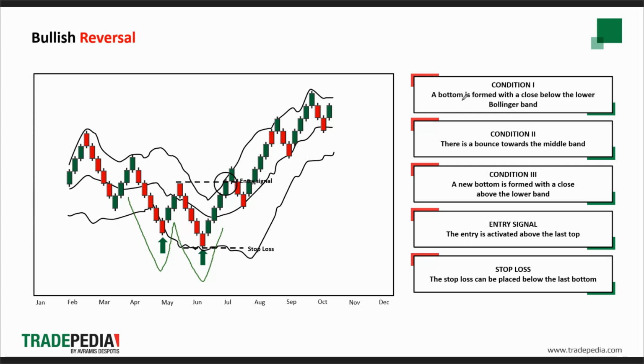Okay, so the condition is a bottom is formed with a close below the lower Bollinger Band. There is the previous low here, then after that the second low, which could be at the same level, or it could be lower than the previous low itself.